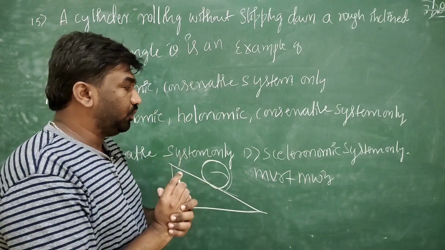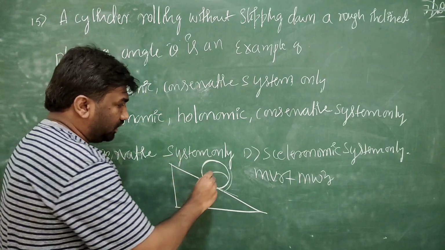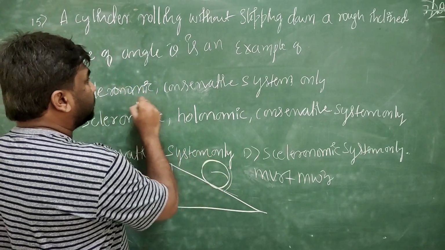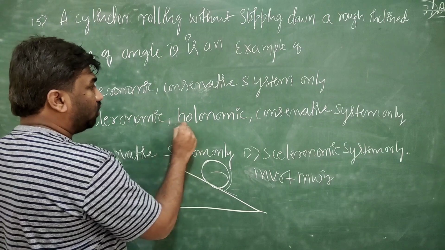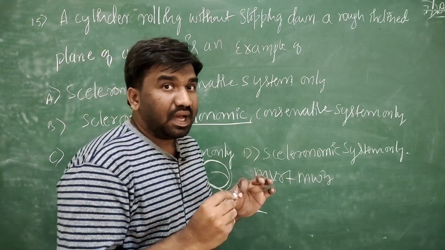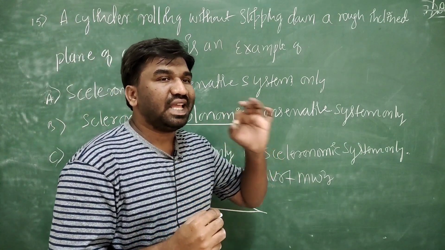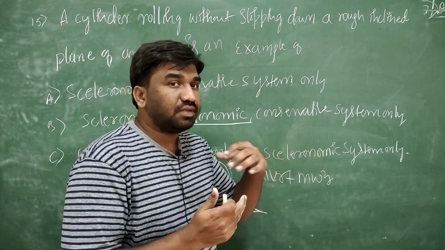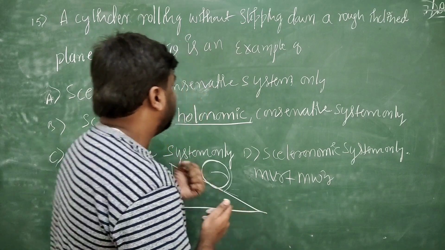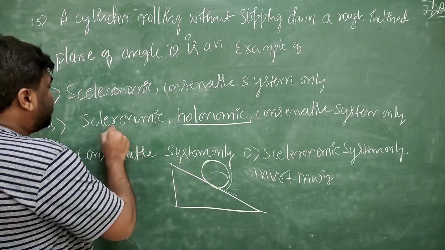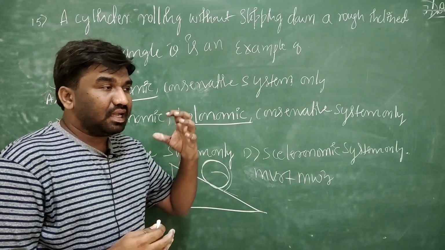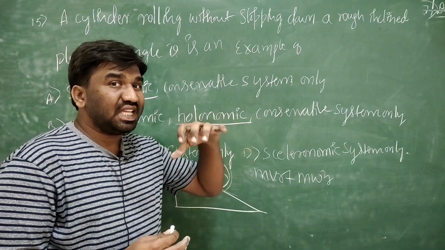Therefore, it is possible to write an equation for this. Holonomic means it is possible to write an equation for the constraint, expressed in terms of some coordinates. And what is scleronomic? Scleronomic means a constraint that is independent of time.